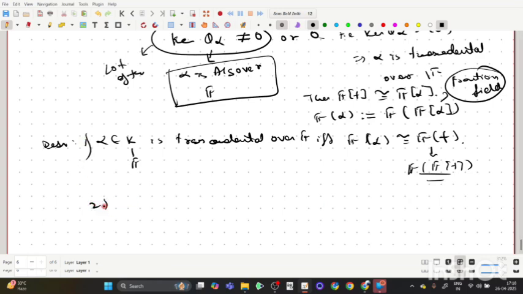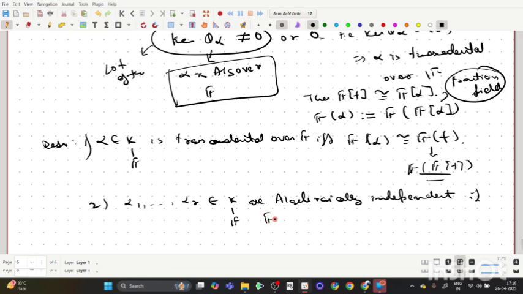And this is also a very easy definition. We say that a collection of elements alpha_1 till alpha_n in K over F are algebraically independent if the fraction field of the multivariable polynomial ring is isomorphic to F(alpha_1, ..., alpha_n).